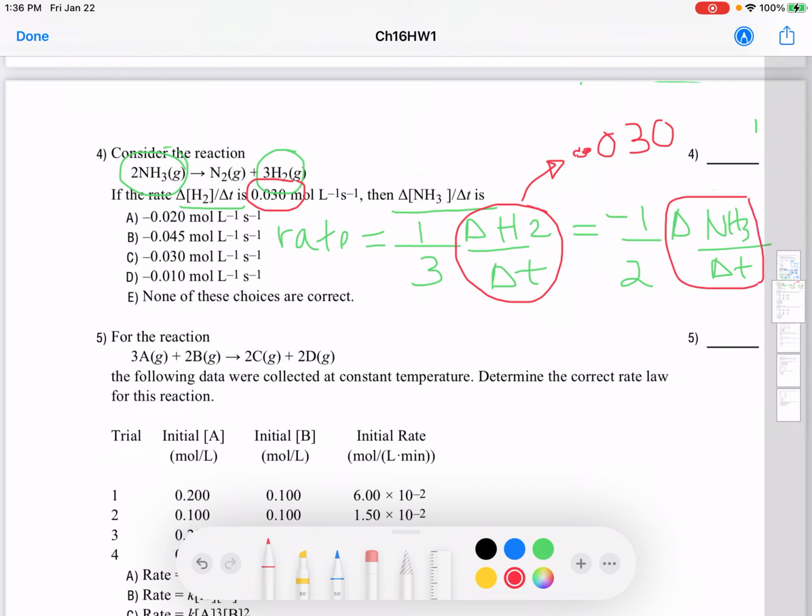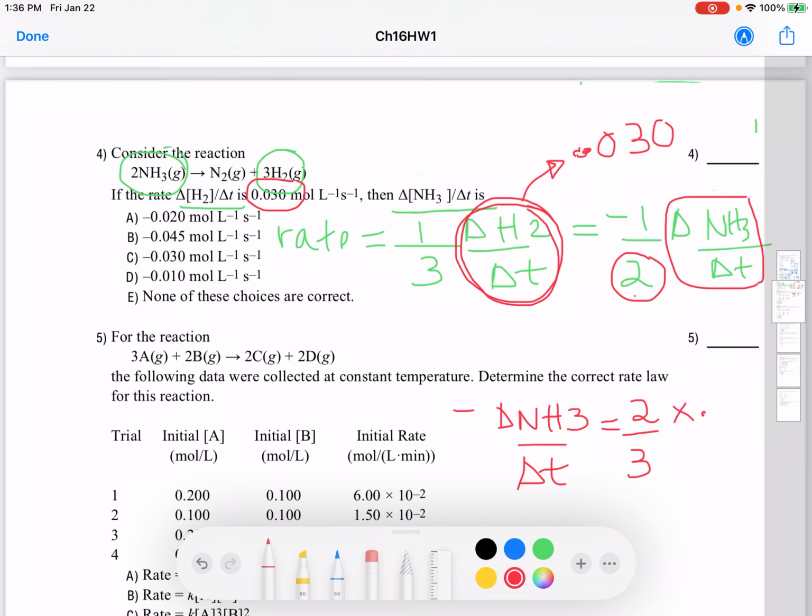So negative delta ammonia over delta T would be, here you have a 2, so you can multiply by 2. So 2 over 3, I take this 2 to the other side, 2 over 3, and delta H2 over delta T is 0.03.